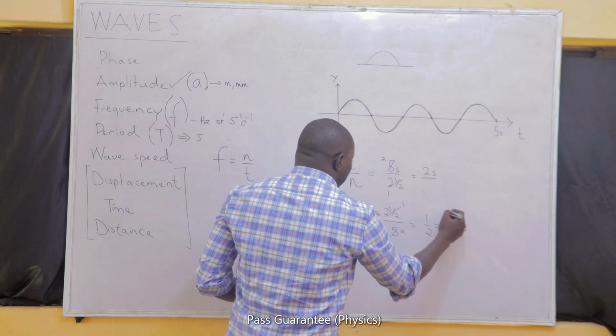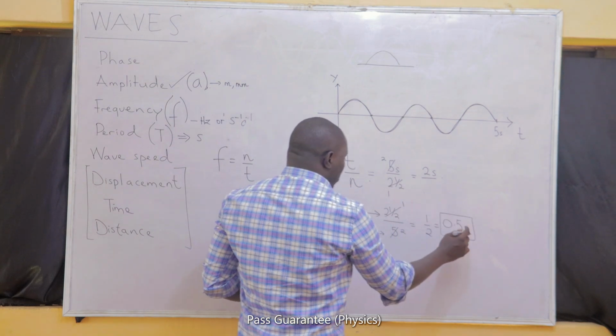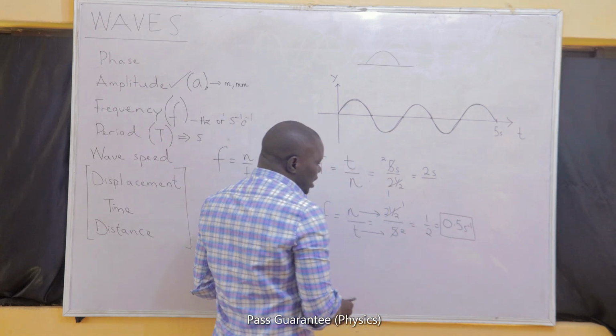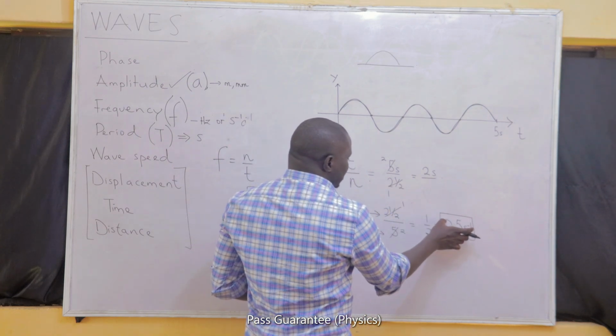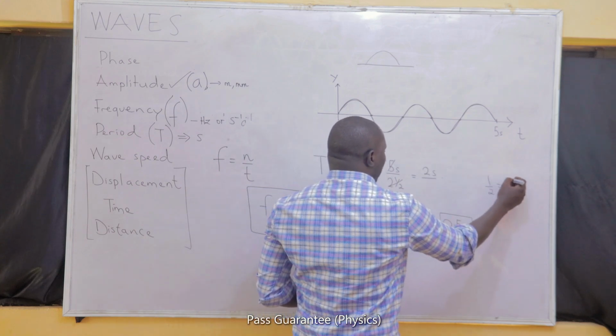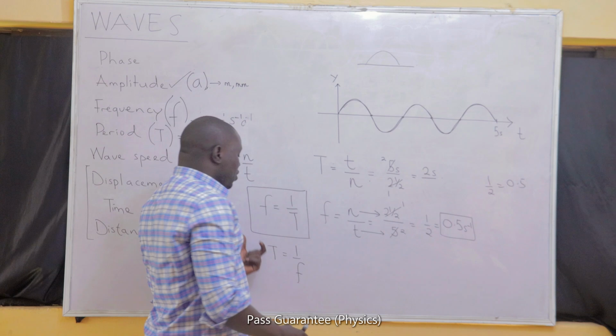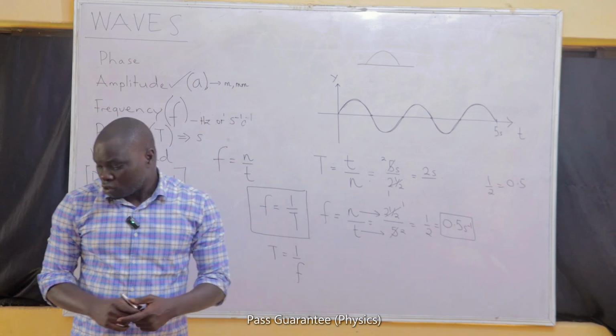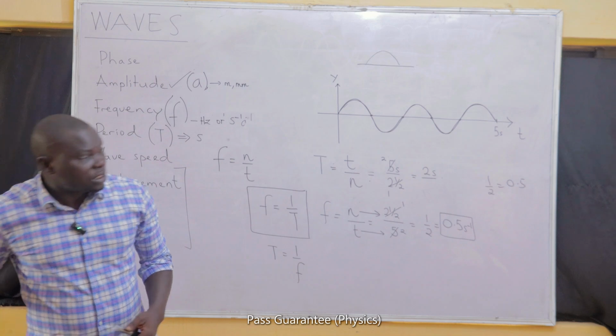You will find out that it is 0.5 hertz, or per seconds. You will find out that this is the direct inverse of this. If we do 1 all over 2, we will get 0.5. That is why I said that the frequency is always the inverse of the period, and the period is also the inverse of the frequency.